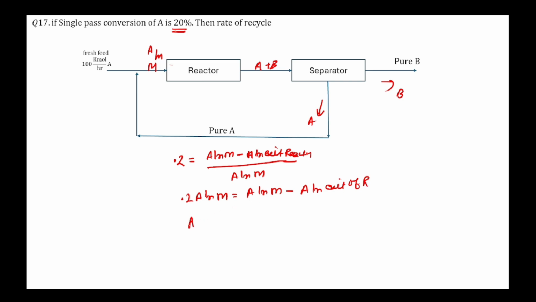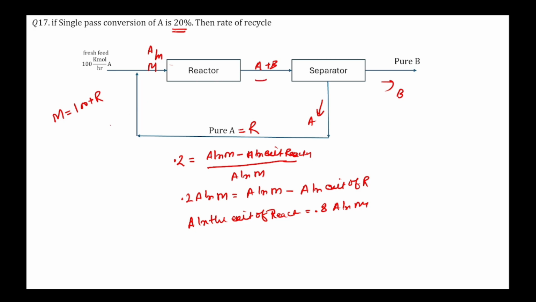So A in the exit of reactor is equal to 0.8 A in M. If I suppose this recycle is R, so M is equal to 100 plus R. So the M is 100 plus R, conversion is 20%.